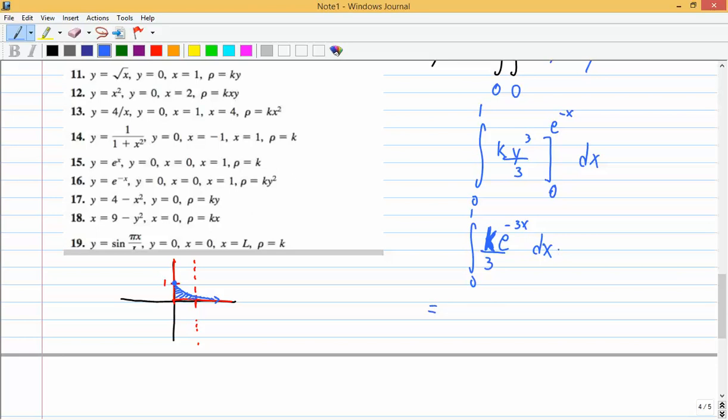Alright, so that's going to equal, now integrate with respect to x. Remember, when you integrate, all of this is a constant. When you integrate e to the negative 3x, your u is negative 3x, so your du is negative 3, so you've got to bring out a negative 1/3. So it's going to be negative 1/3 times k over 3, that's a constant, e to the negative 3x, evaluated from 0 to 1.